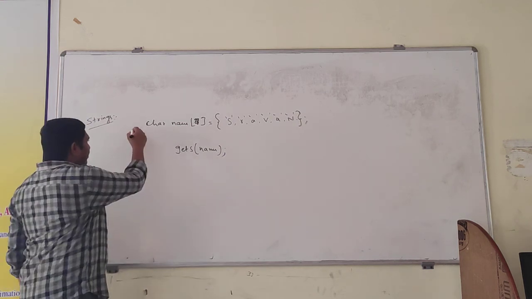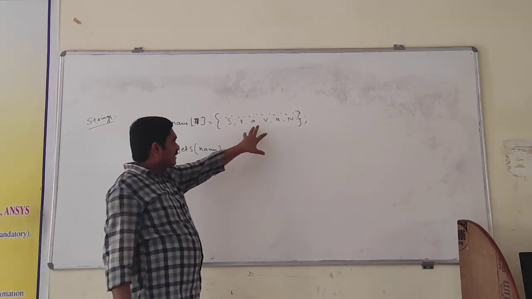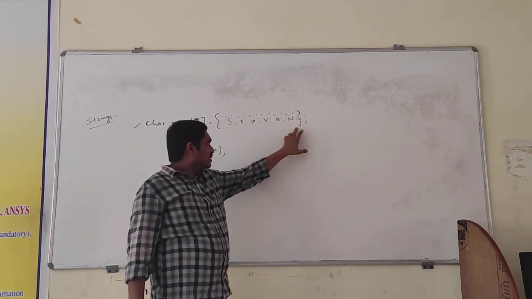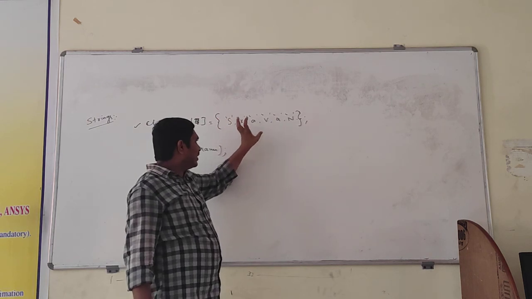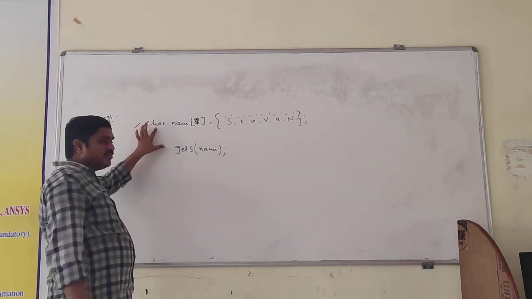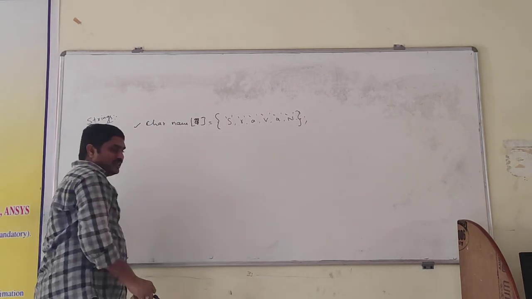So at the time of declaration we directly take the characters within curly braces, each separated with commas, and each letter must be enclosed within single quotes. After the declaration we use scanf or gets.